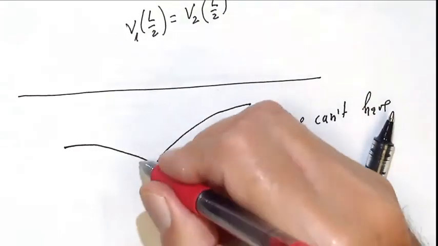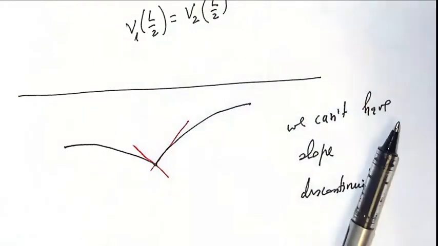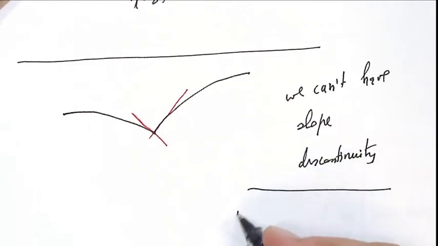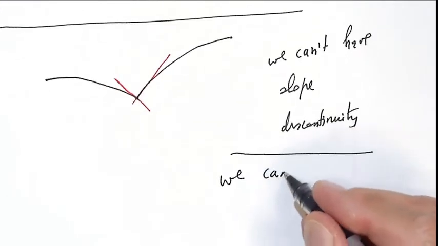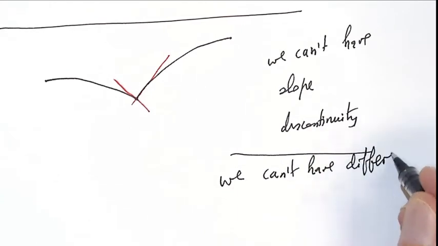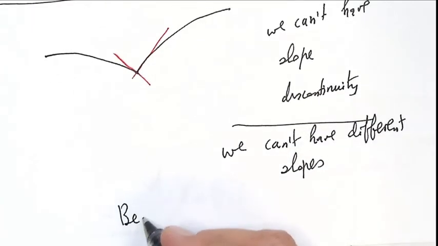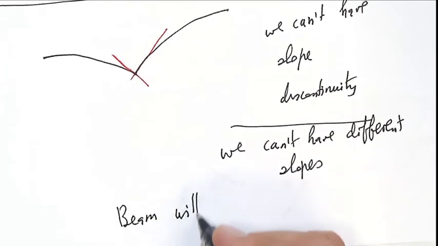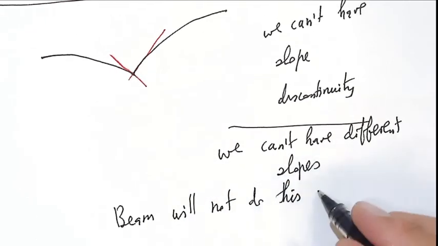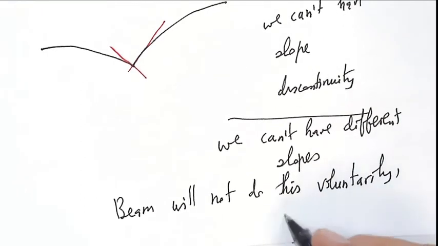Okay, so this slope is here like this, and there is like this, so different slopes. We cannot have different slopes. Beam will not do this voluntarily, so to say.